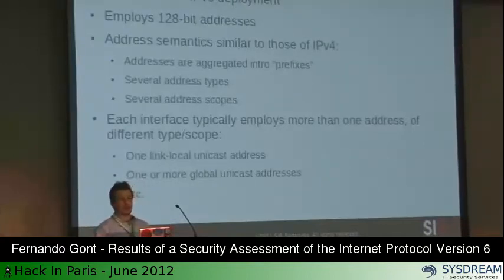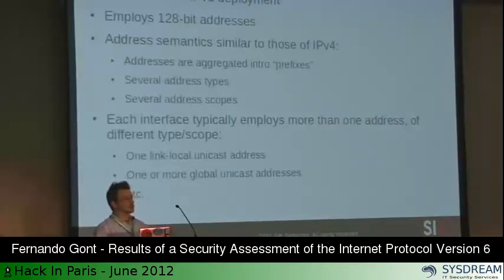In IPv4, you may find, for example, private addresses, which are supposed to be valid only on a local network if you want. You have link-local addresses, you have global addresses, and you have the same sort of thing in IPv6. Probably the only aspect in which things are a little bit different is that typically in the IPv4 case, if you look at the configuration of a network interface card, you have a single address assigned to that interface, whereas in the case of IPv6, you usually have more than one address assigned to one network interface.